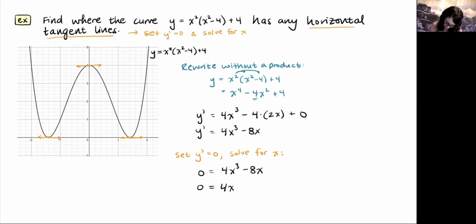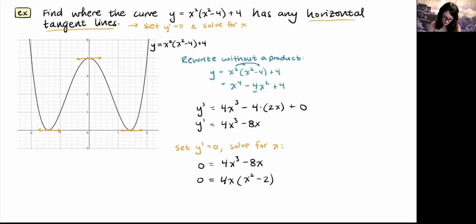So if we factor out a 4x, we'll be left with x squared minus 2. Now x squared minus 2, sorry, I was trying to say it's not a difference of two squares. It's a difference of two things, but it's not a difference of two squares. So I don't think that we can factor further.